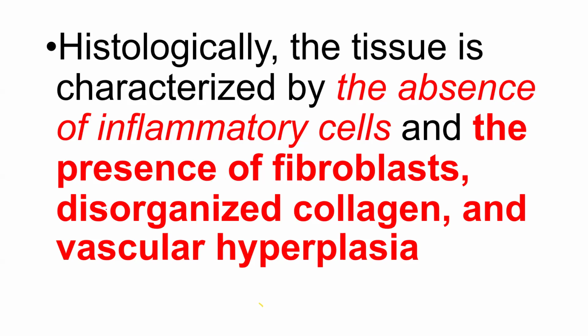Histologically, the tissue is characterized by the absence of inflammatory cells. We don't have inflammatory cells, but we see angiofibroblastic proliferation. It consists of disorganized collagen, numerous fibroblasts, and vascular hyperplasia.